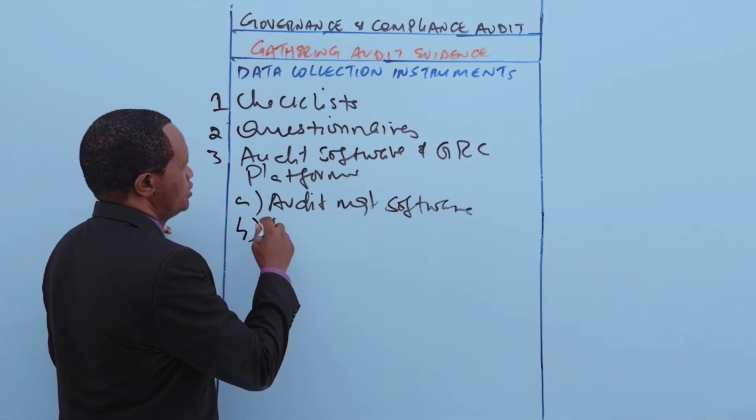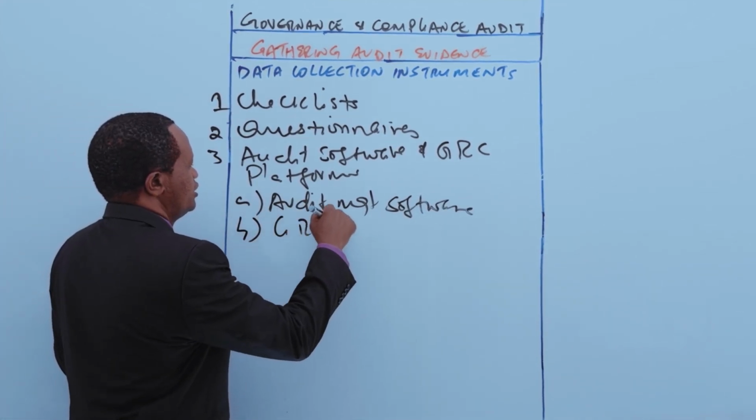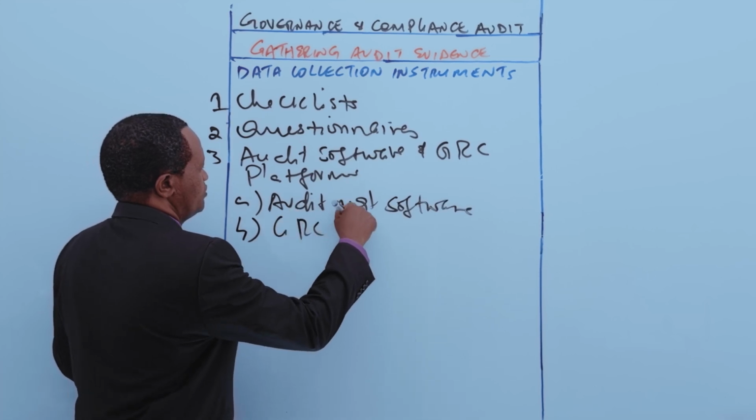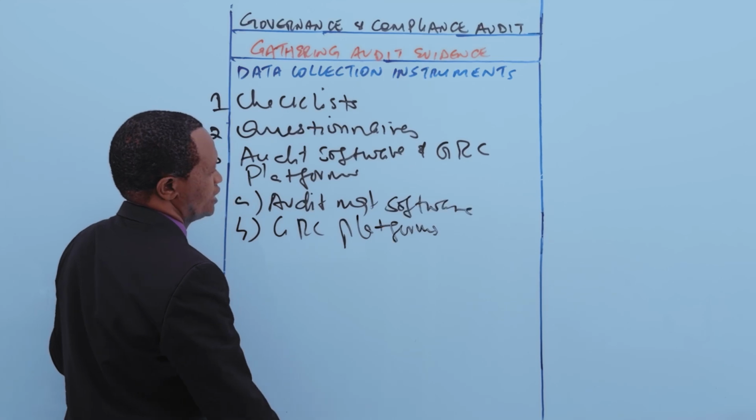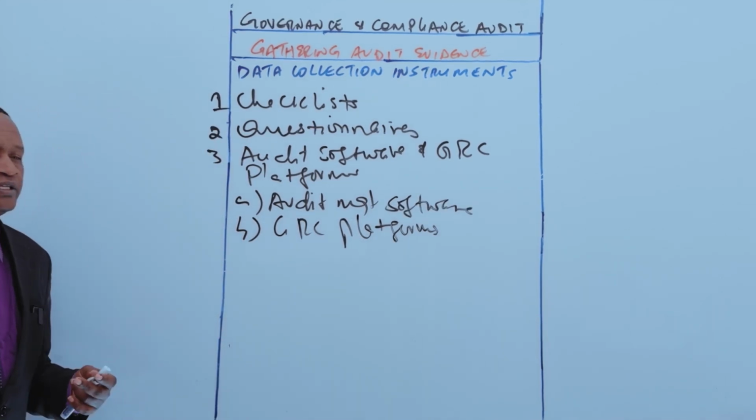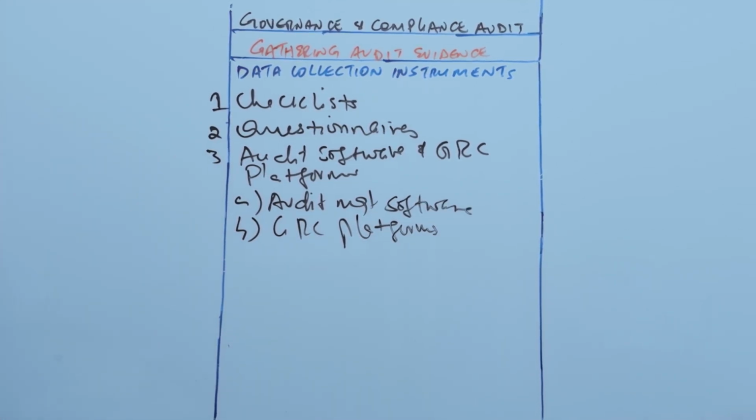Two, GRC platforms. Governance, risk, and compliance platforms. Again, here is the use of technology. These are integrated systems that help organizations to manage their governance, risk management, and compliance programs.